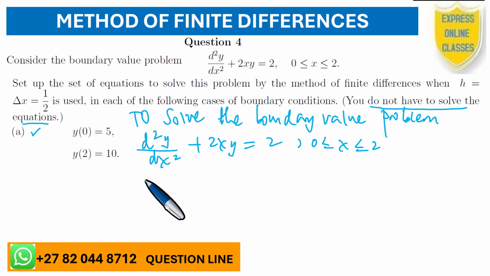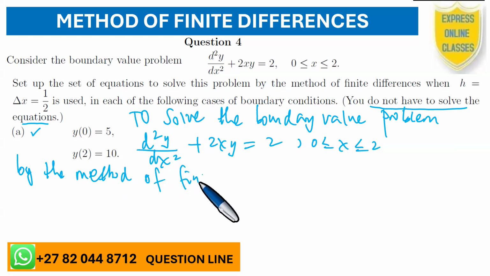So to solve the boundary value problem by the method of finite differences, there are a couple of things we need to look at.